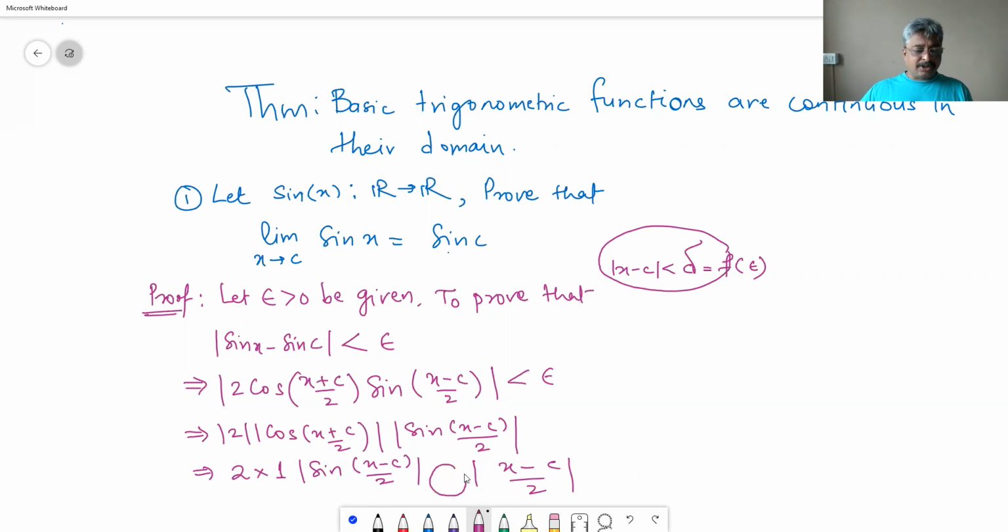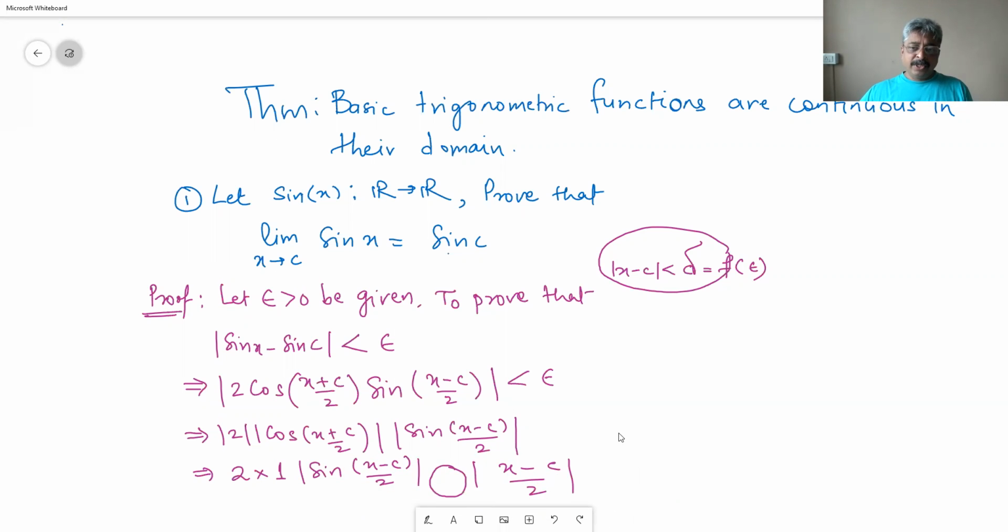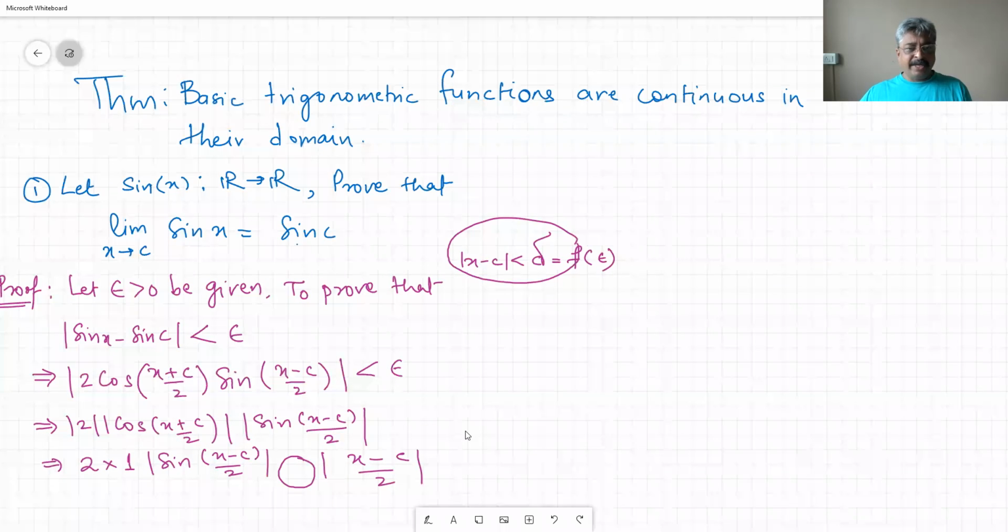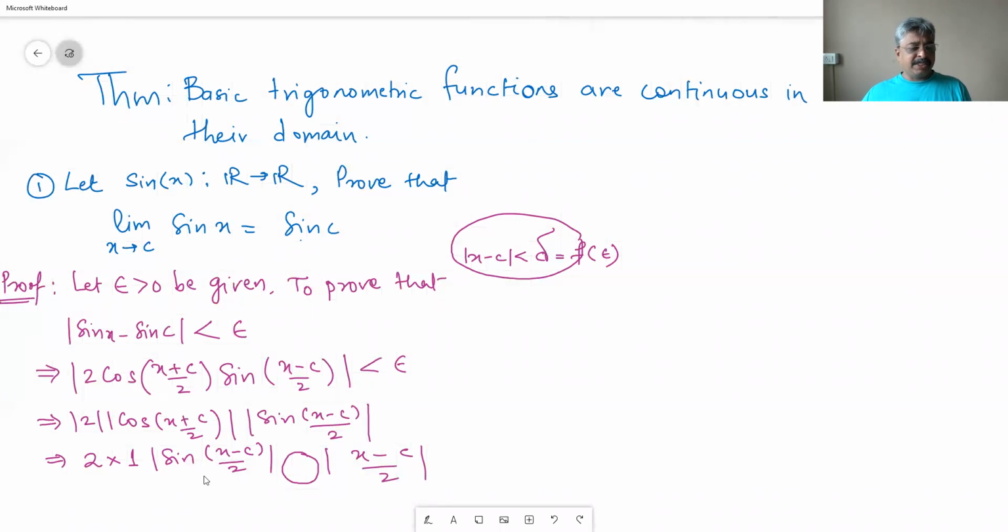Another exercise is to figure out whether they are well behaved. If they are, we can have an inequality in between and replace |sin((x minus c)/2)| with less than |x minus c|/2, and we arrive at delta in terms of epsilon. That is our job.